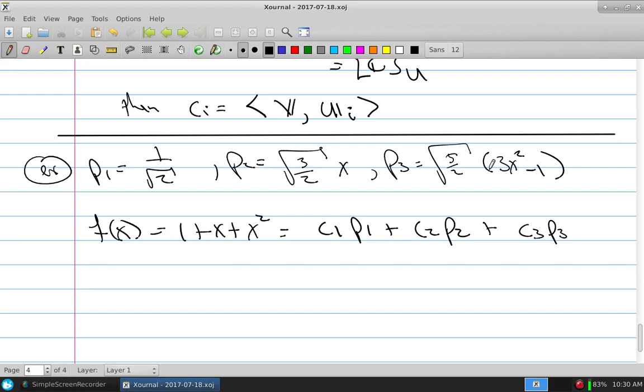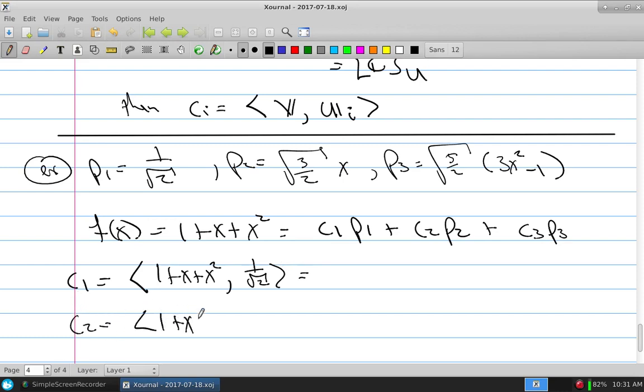Well, all I'd have to do is say C1 is going to be what? What does this theorem say? Take the inner product of, where am I looking? I'm looking at 1 plus x squared, and who am I comparing it to? 1 over radical 2. That's just an integral: integrate from negative 1 to 1 of those two multiplied. And that'll be the coordinate. What about C2?